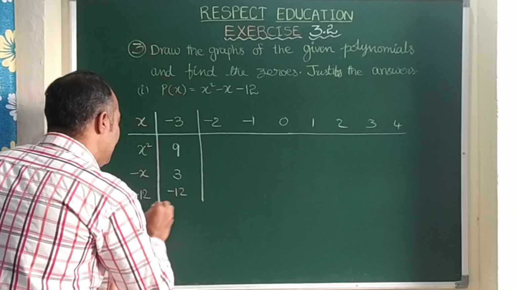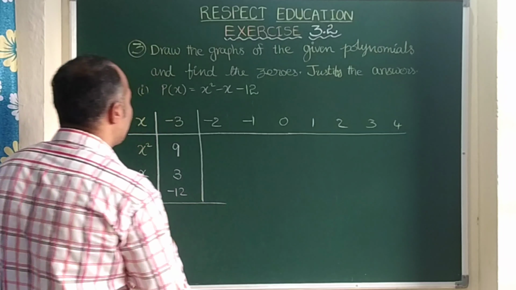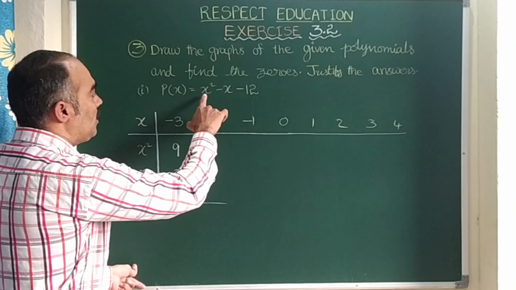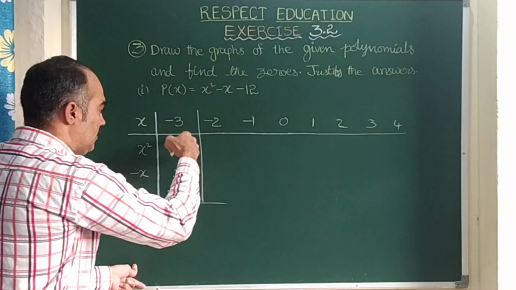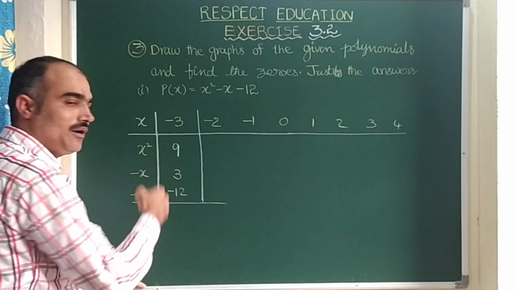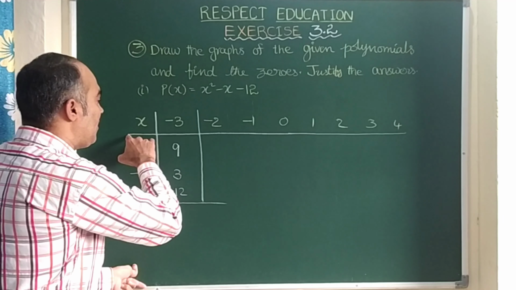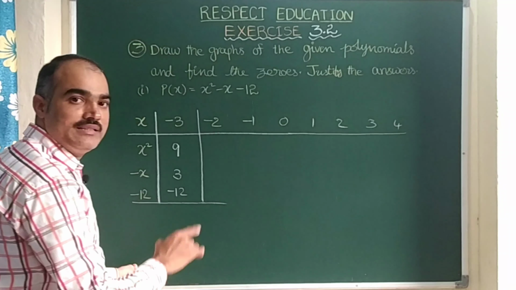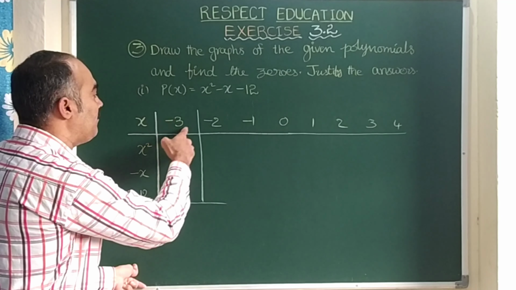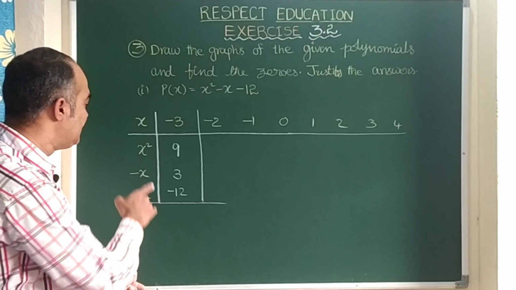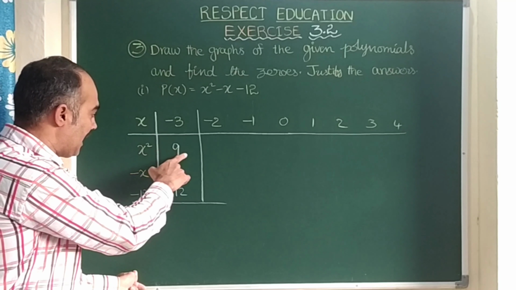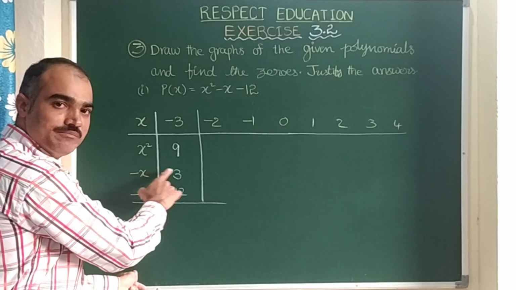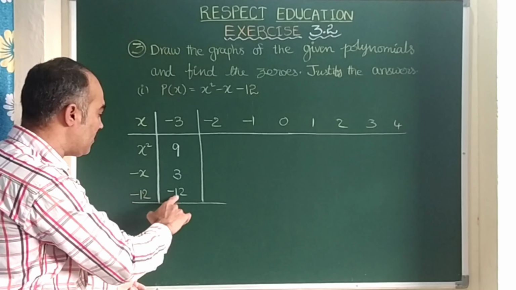See, the given polynomial is x square minus x minus 12. So we add these three numbers: x square means 9, minus x means plus 3, and minus 12.